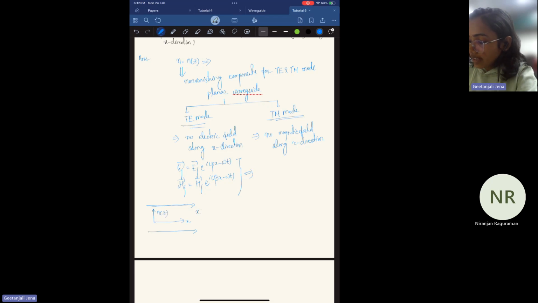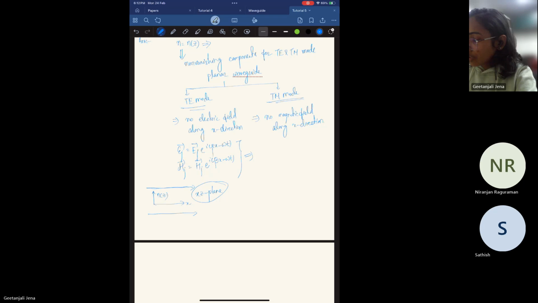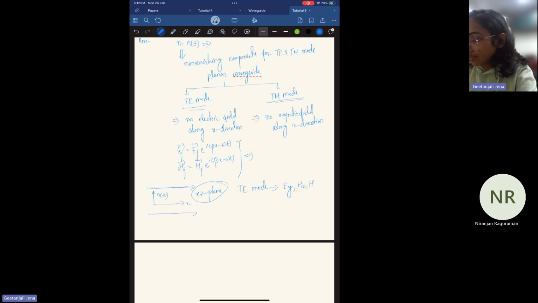So this is the xz plane, which has the variation of refractive index as well as the propagation of the mode, right? So that means for the TE mode, it will have an EY component which is perpendicular to this plane, and the other components will be the magnetic field.